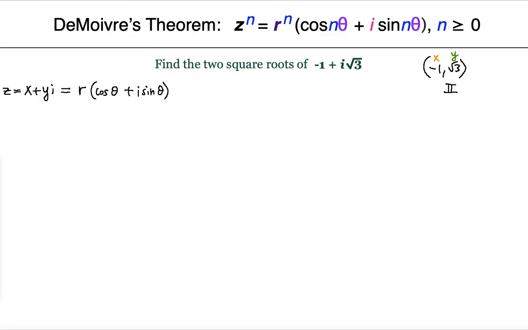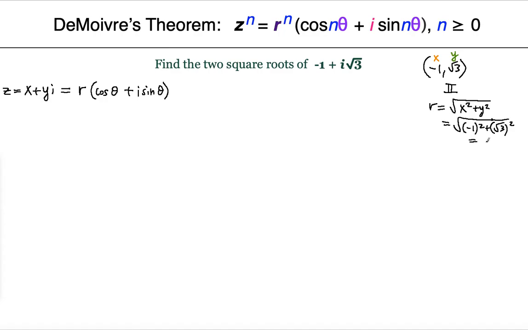So now that we know that, how do we determine the r? Recall that the r from the previous videos was equal to the square root of x squared plus y squared. Okay, so in this case, let's calculate that. This is going to be -1 squared plus radical 3 squared.